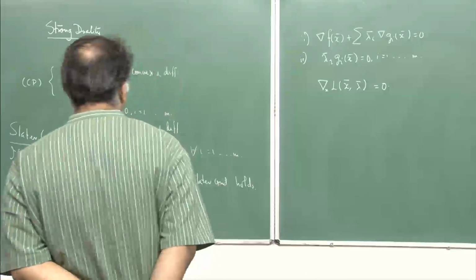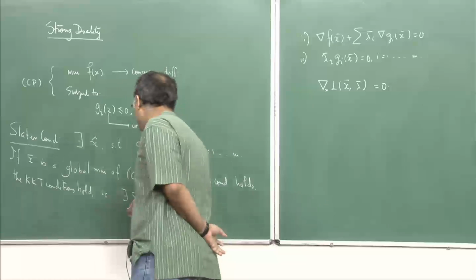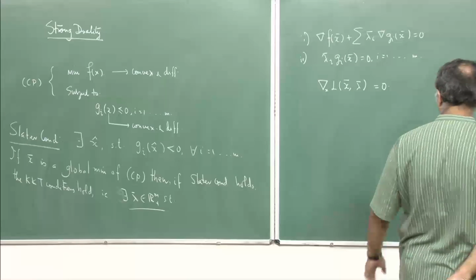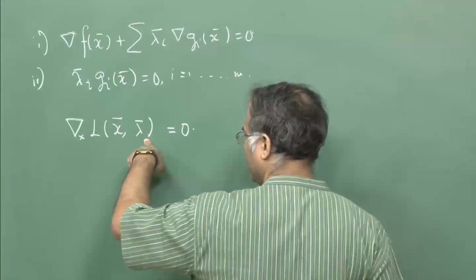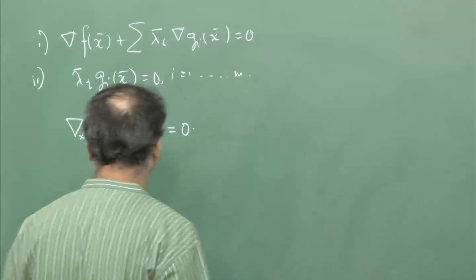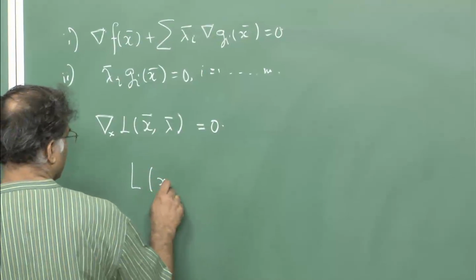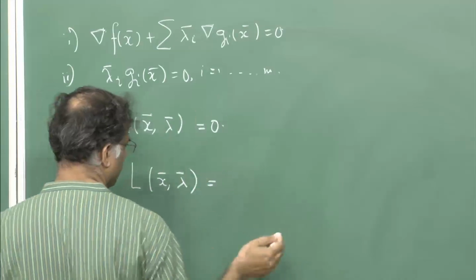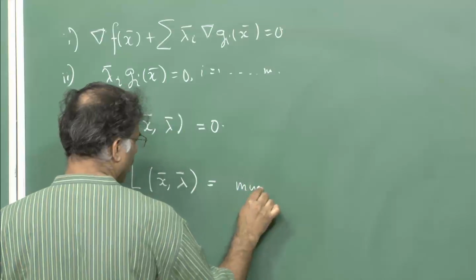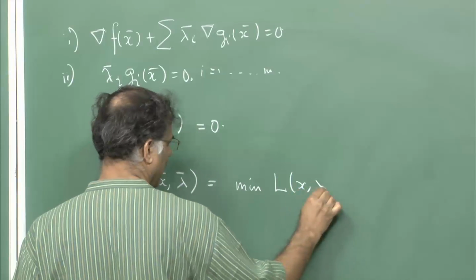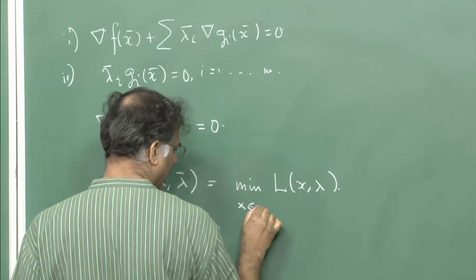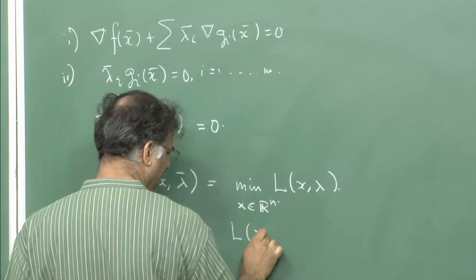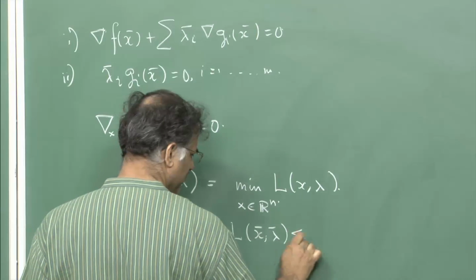So, obviously, this lambda is non-negative. And x bar is a critical point of that convex function, which means L x bar lambda bar is the minimum of L x lambda bar for all x an element of Rn, as this is an unconstrained problem.